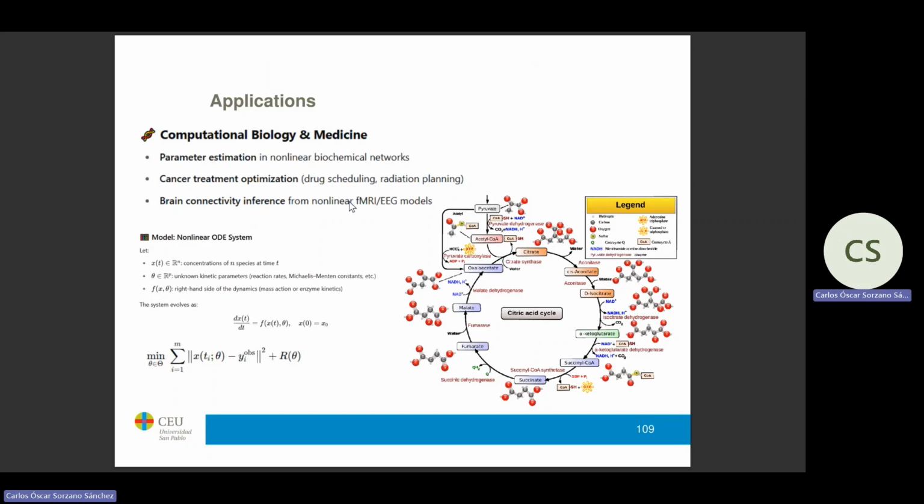Let's say that you have some magnetic resonance imaging of the brain or some electroencephalogram signals, and from this output you want to infer the brain connectivity, so how the different neuron fibers are connected.